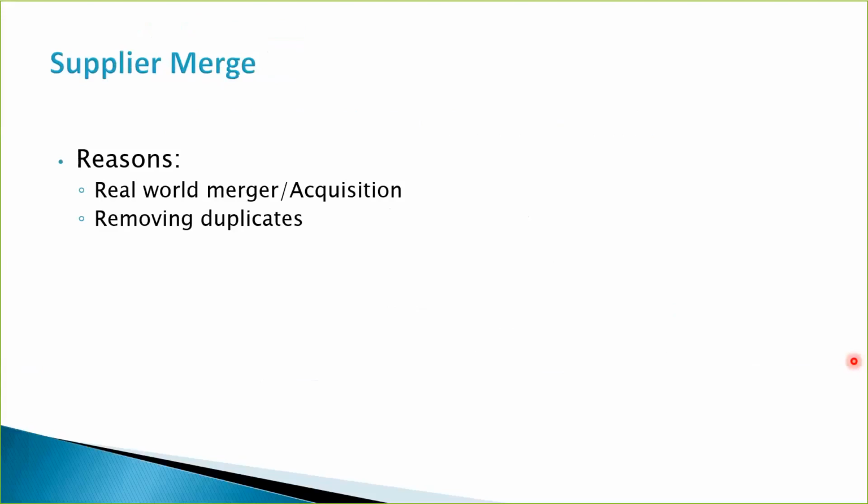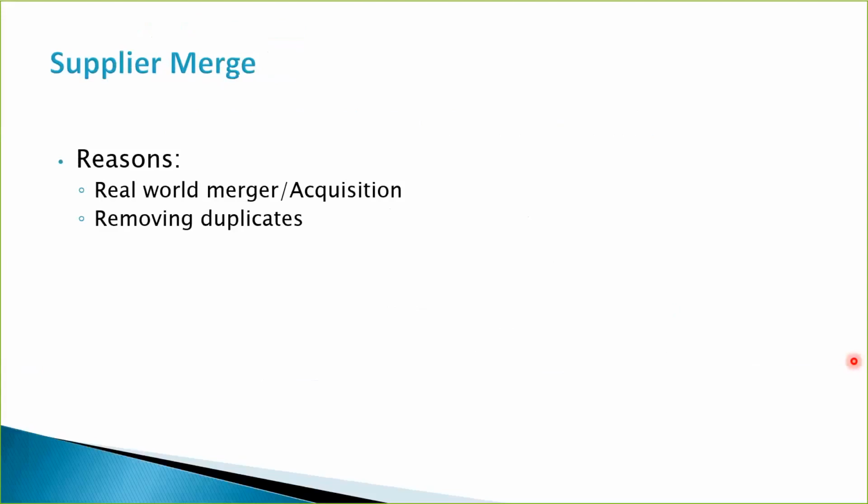The other reason why you would do this is to remove duplicates. So maybe when users were creating suppliers in the system, they entered the suppliers as different names, while all along they were just the same supplier. So you would do a supplier merge and put those duplicates into one.